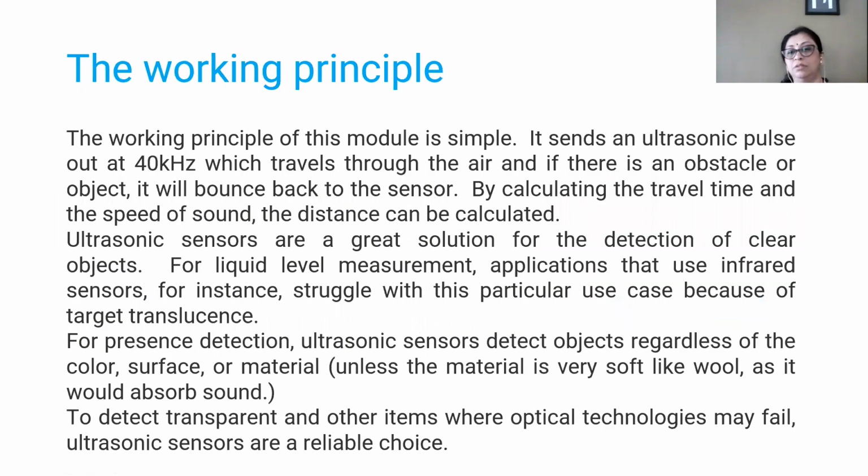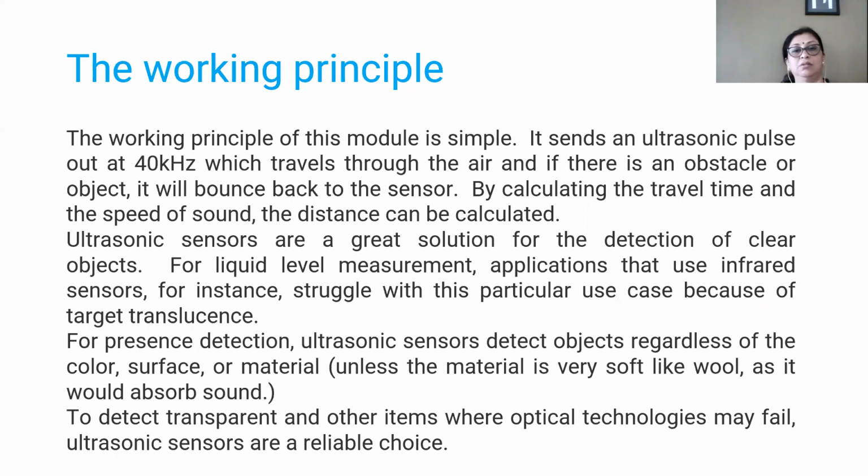And in ultrasonic sensors, we have a transmitter as well as a receiver. The transmitter sends a 40 kilohertz wave which travels through the air, strikes the obstacle and bounces back to the sensor.